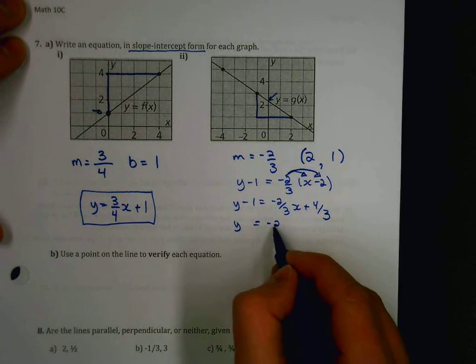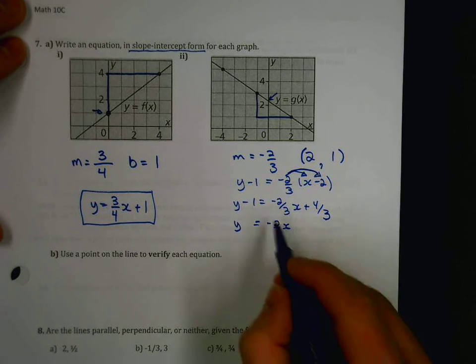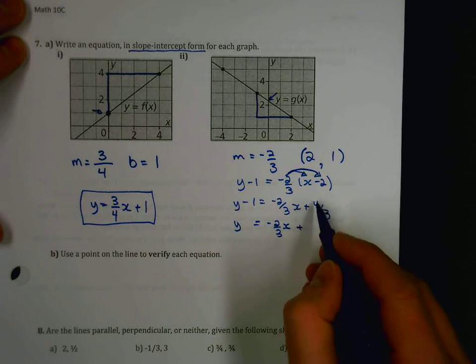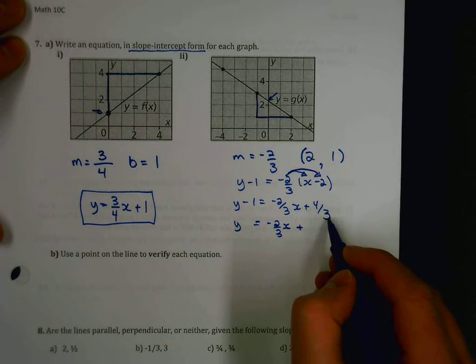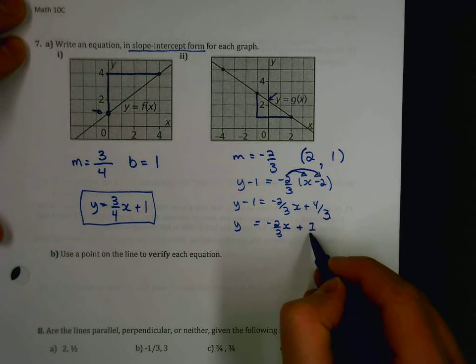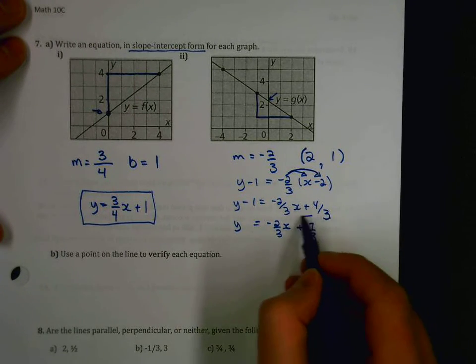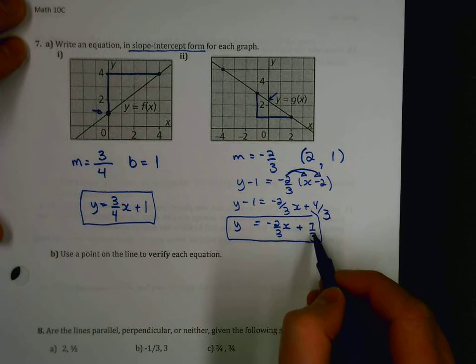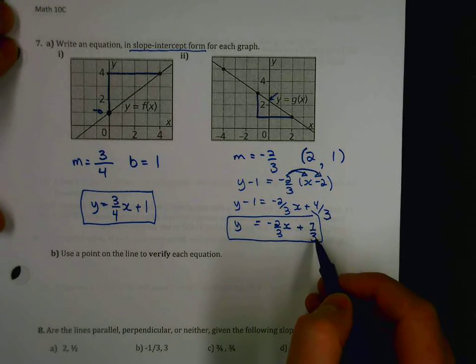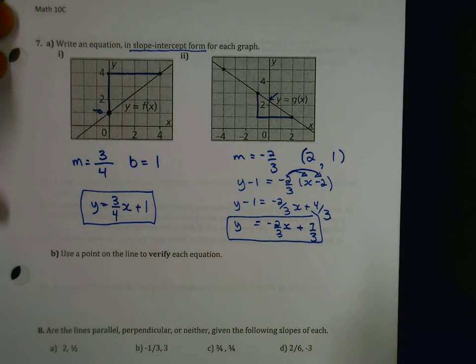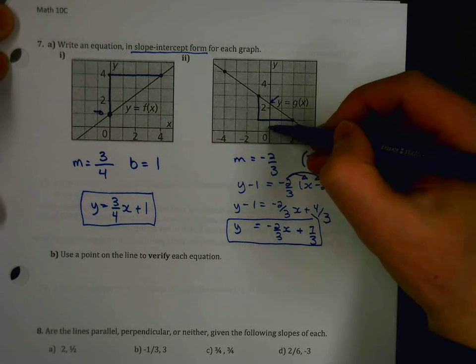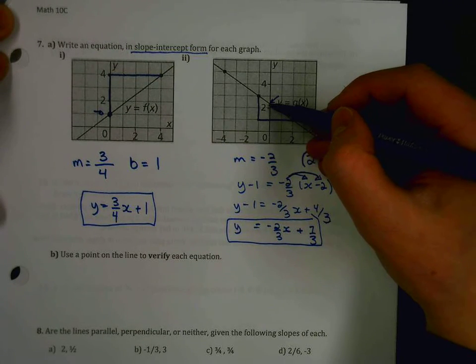So the negative 2/3 is an x term and it doesn't change, but the 1 adds over, and we have 4/3 plus 1 makes 7/3. Again, that might be a calculator number crunch. So 7 over 3 as a decimal is about 2.3 repeated, which kind of makes sense that this is a 1, 2, and a third.